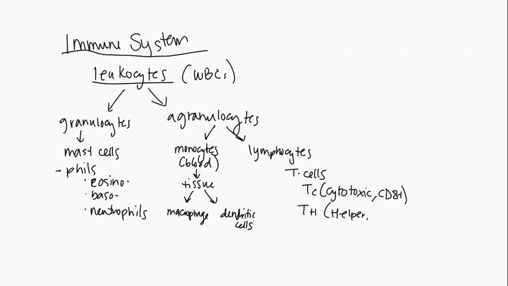The T helper cells will then break down even further once they're activated into two forms. Let me spread this out just a little bit better so that we have some division going on here. The T helper cells can be TH1 or TH2.